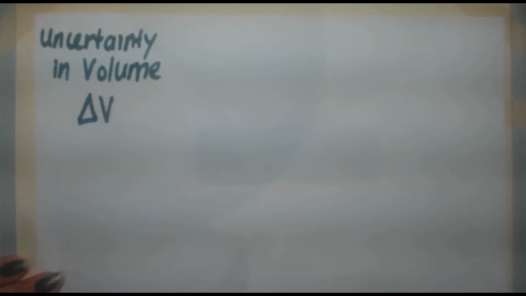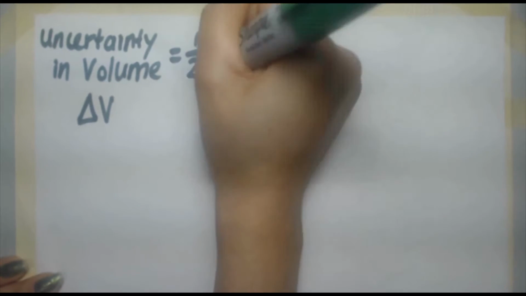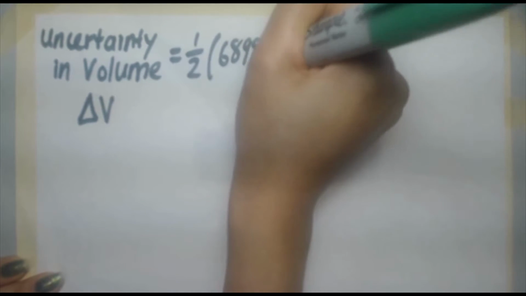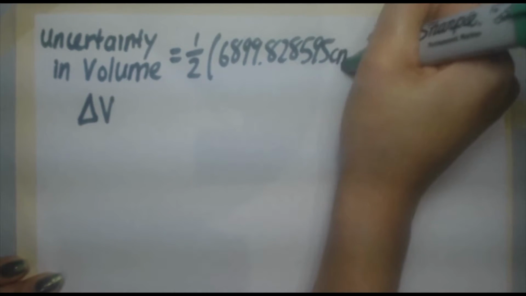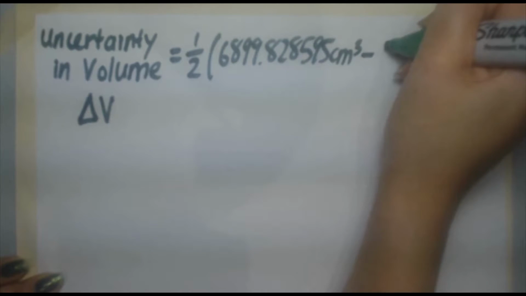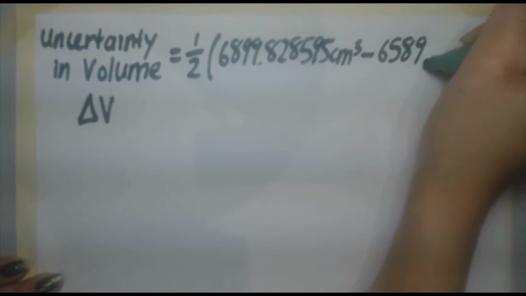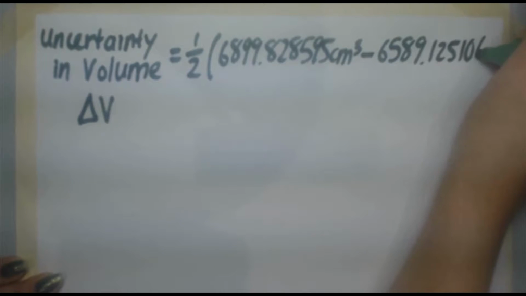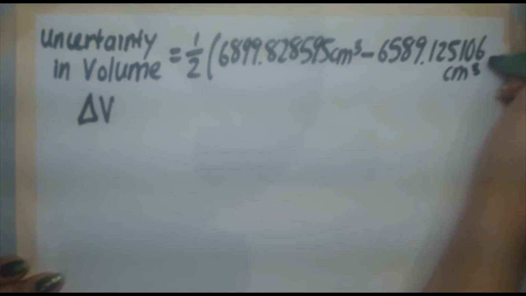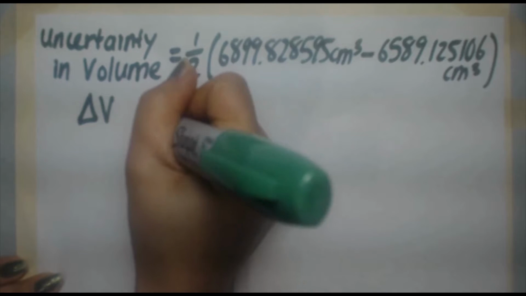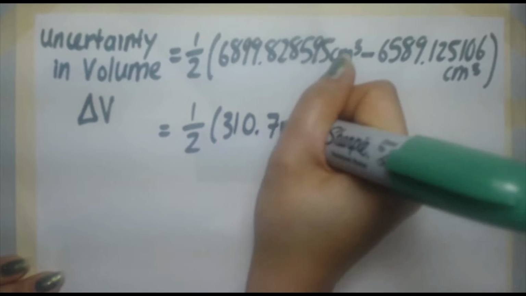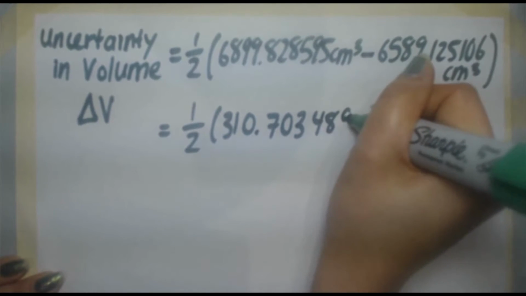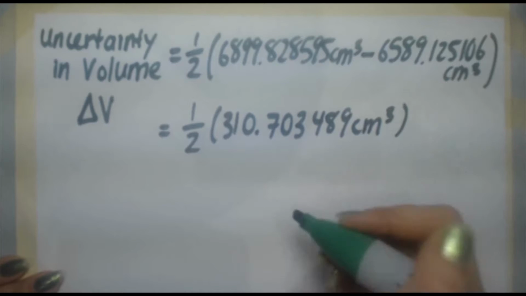So delta V would be the uncertainty in the volume V. We said it's half the difference, so half of 6899.828595 centimeters cubed minus 6589.125106 centimeters cubed. Simplifying the expression in brackets, you're going to get 310.703489 centimeters cubed. Keep those units.